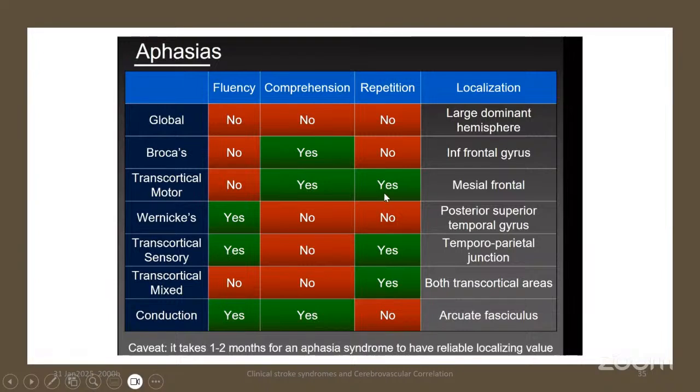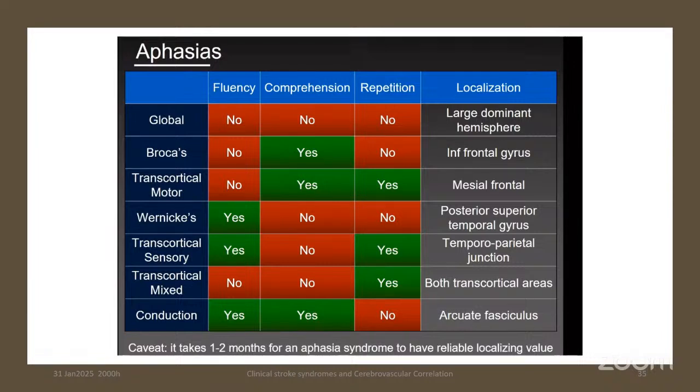The location for Broca's is, as you all know, inferior frontal: fluency is reduced, comprehension is preserved, and repetition is also impaired. Whereas the posterior superior temporal gyrus is the area for Wernicke's, and both transcortical areas may get involved at that time also. So the important test is repetition, which is affected by itself in conduction aphasia. So naming is a problem.